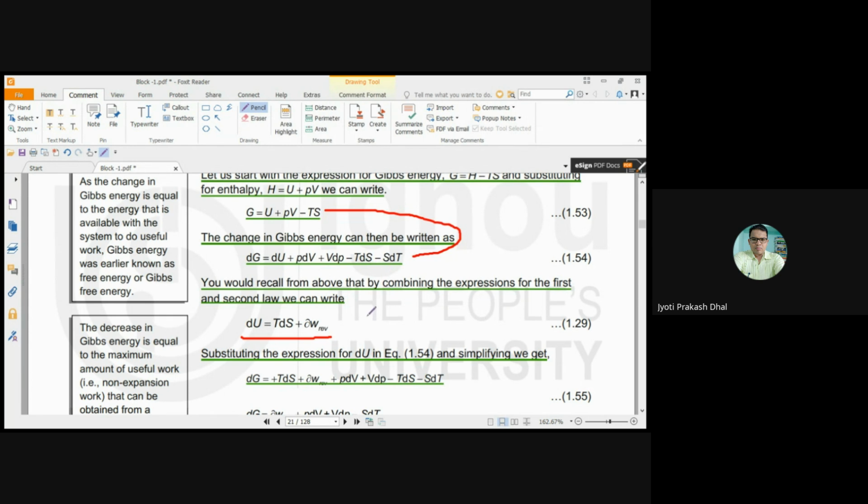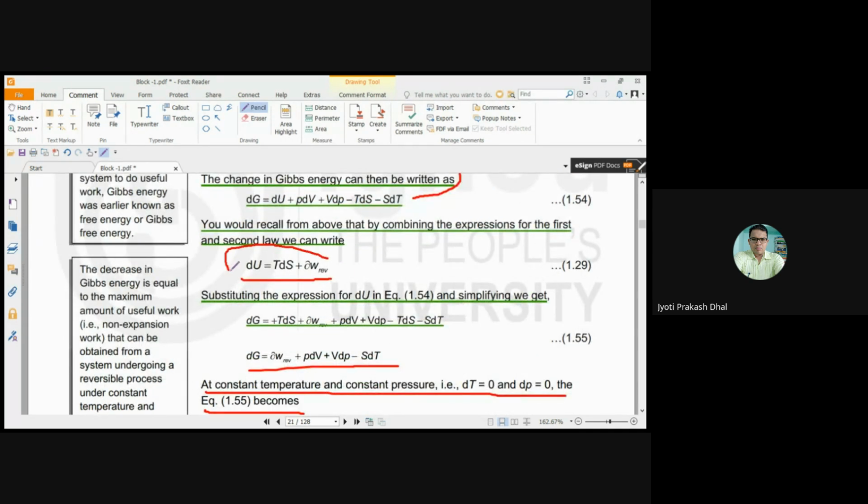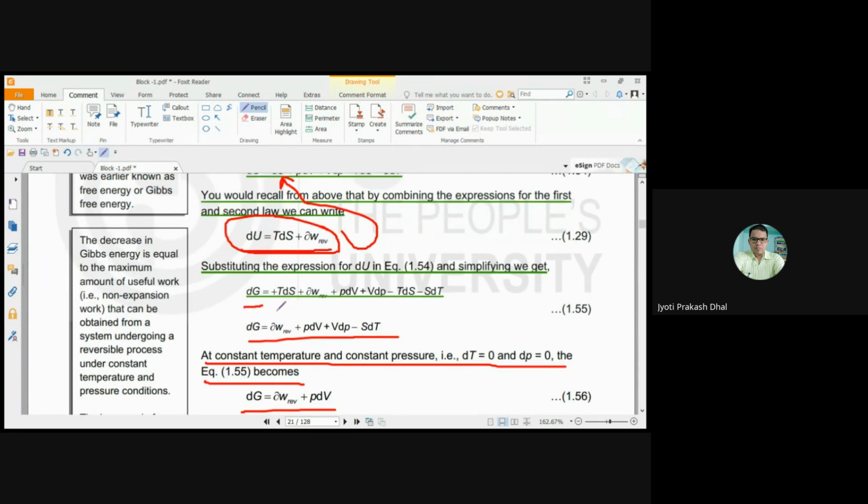And again you recall, by combining the expressions of the first and second law, we have already studied this: dU equals TdS plus δW reversible. Now if we substitute the value of dU in this equation, we can write dG equals TdS plus δW reversible plus PdV plus VdP minus TdS minus SdT, and hence you can see this TdS term will be cancelled out.